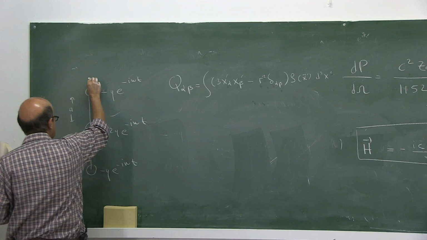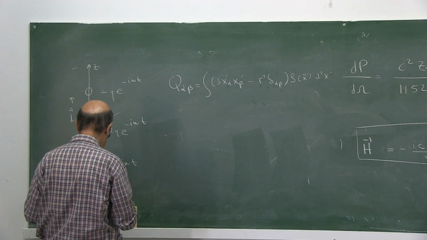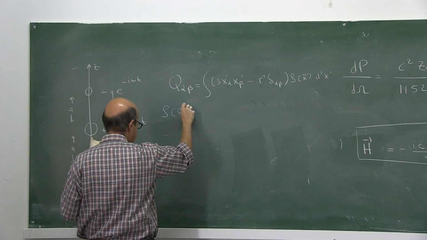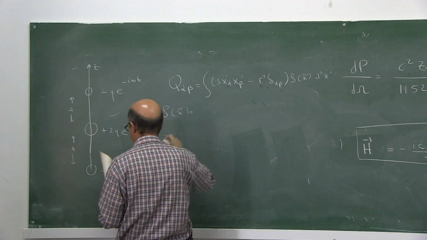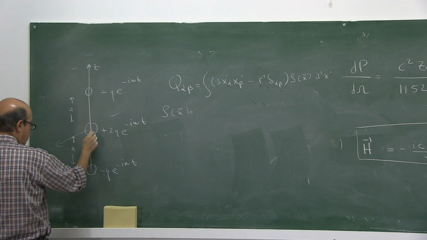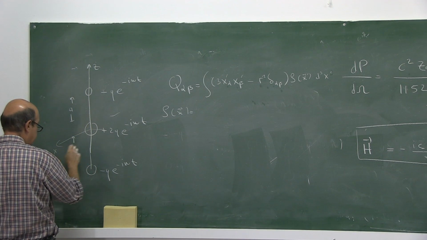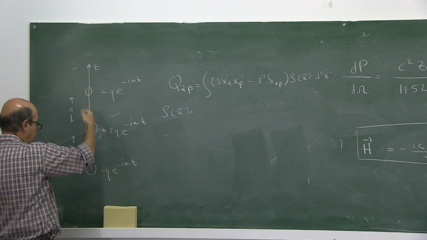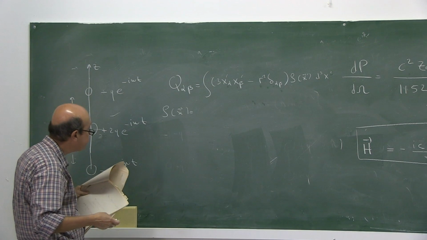So if you call the vertical z, then the charge density is simple. Let us write the charge density in one dimension. Let us say that this is the origin. The charge is at the center, and this is up by amount a, and this is down by amount a.